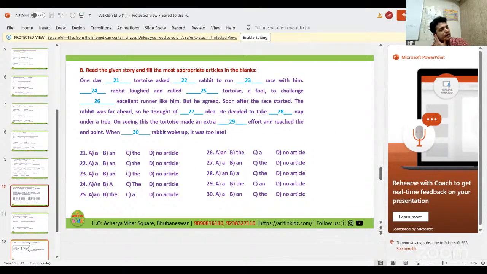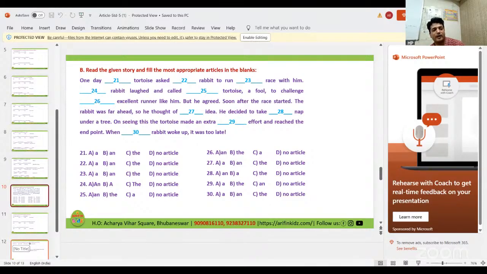Now I have a long passage with me. We have five questions over here: one paragraph followed by a set of five questions, which have four options each.